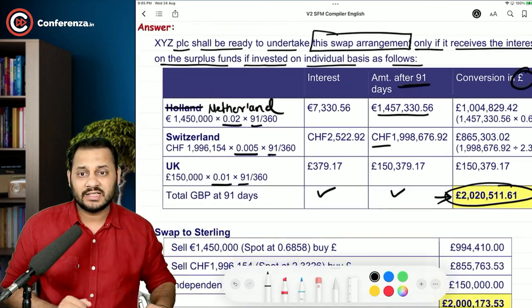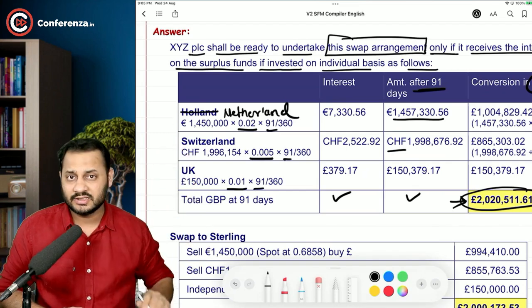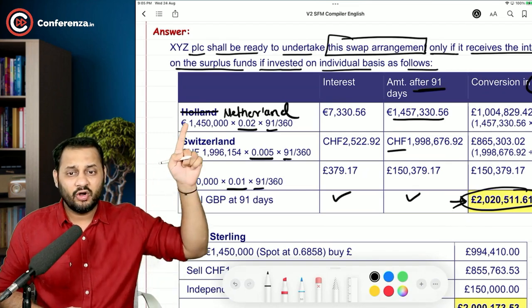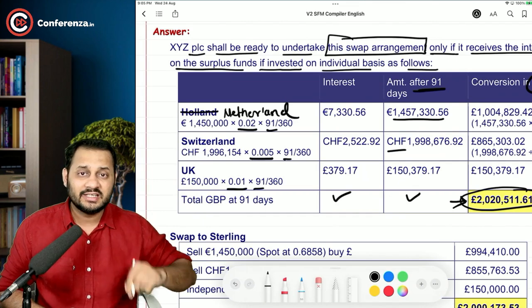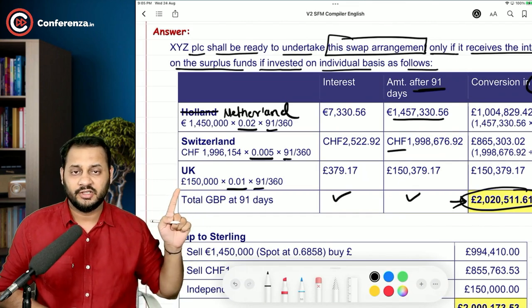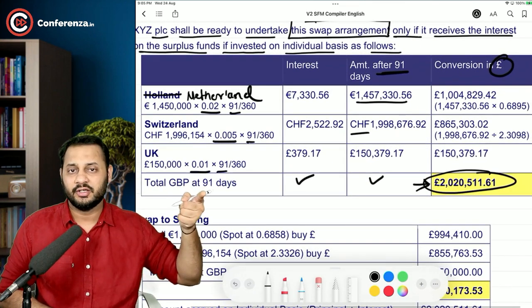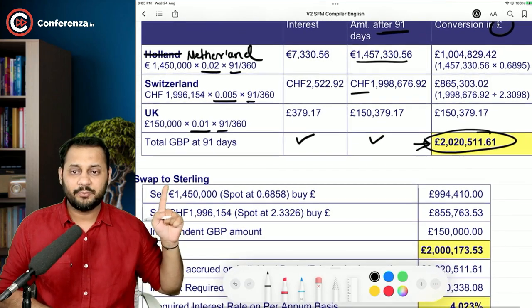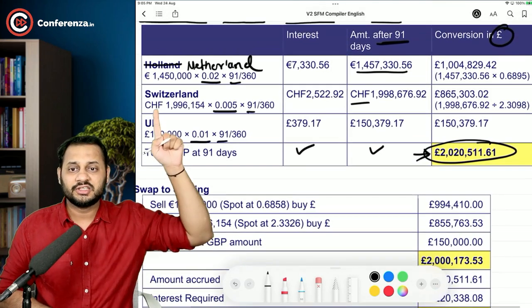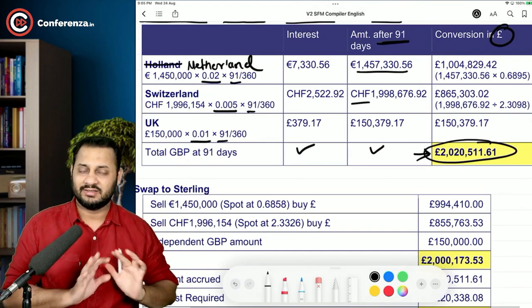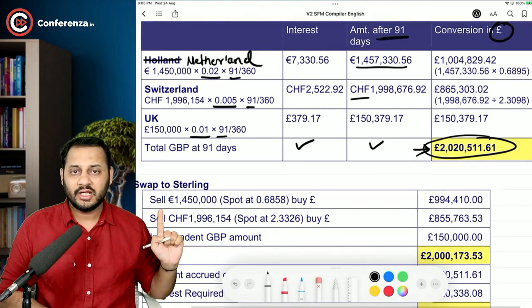But the question is asking the Switzerland and the Netherlands subsidiary to send all the money that you have today itself to UK instead of investing in your own country. So the question is like this: swap to sterling, swapping this CHF and euro to sterling. That's the only question.